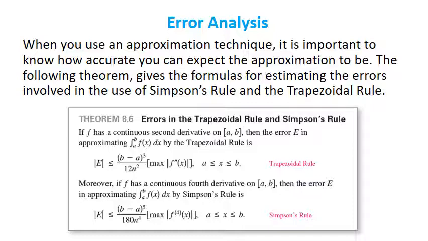If you want to find the error in the trapezoidal rule, you will apply this formula. If you want to find the error in Simpson's rule, you will apply this formula. And basically, it will tell you when you are approximating how close your result will be.